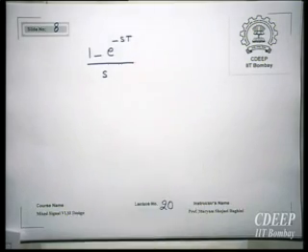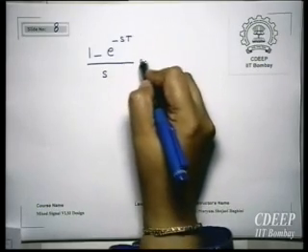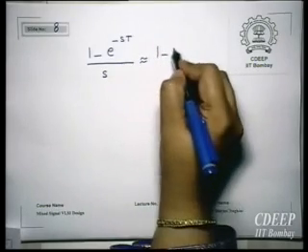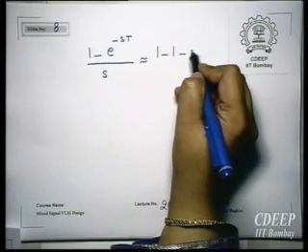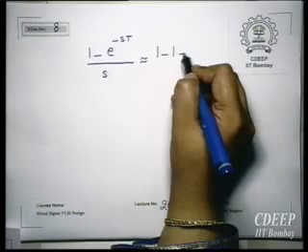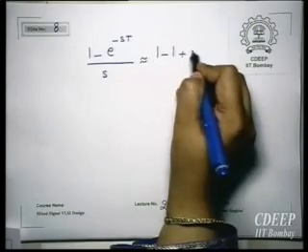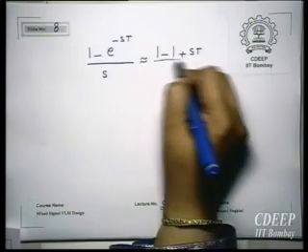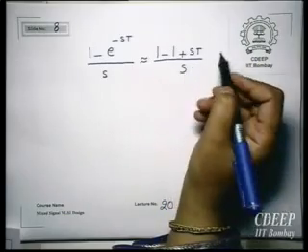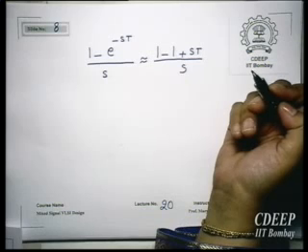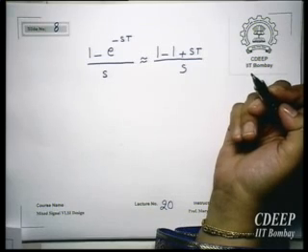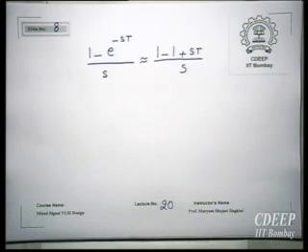It was the transfer function of the sampling system. So suppose sT is small, okay? So this can be approximated by 1 minus 1 plus sT upon s, right?